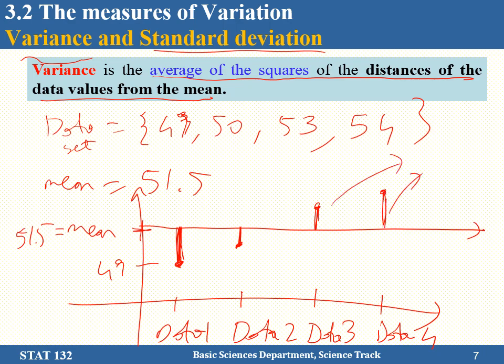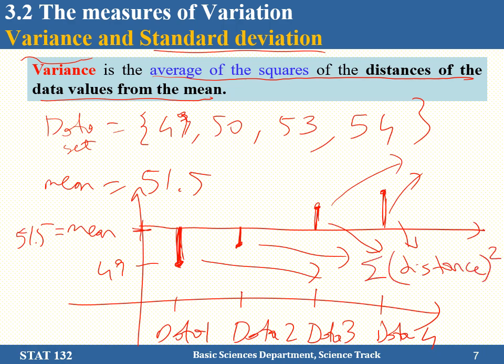So these are the distances. You take their squares and then add all of them, and you divide by 4 because you have 4 data values. This gives you the variance. So the variance is like calculating the average of the squared distances.